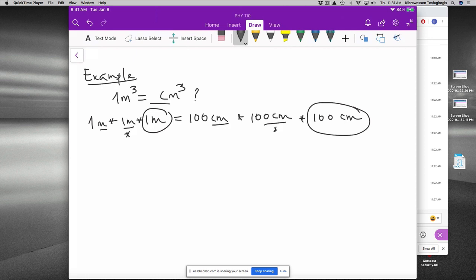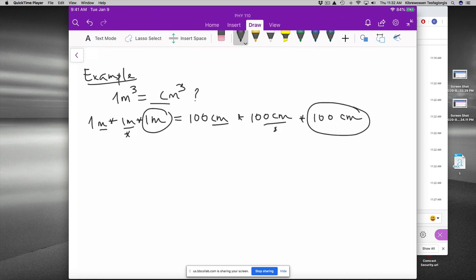You have 3 meters multiplied to each other to form 1 meter cubed. For every meter, it has its own corresponding centimeter equivalent. So as a result, meter times meter times meter, to get that you need to go through centimeter times centimeter times centimeter.